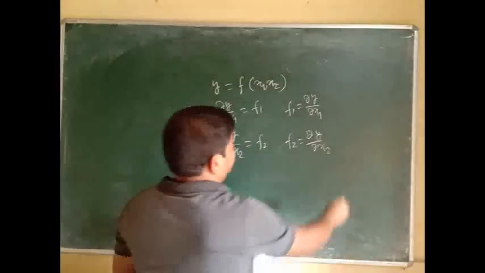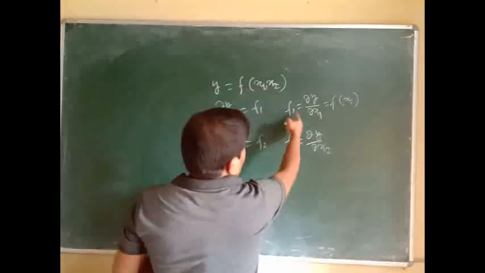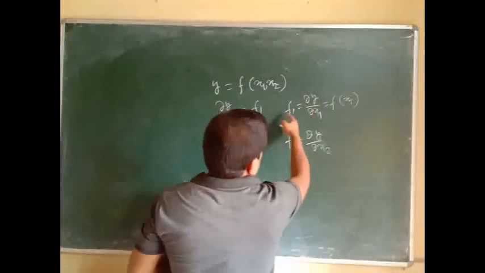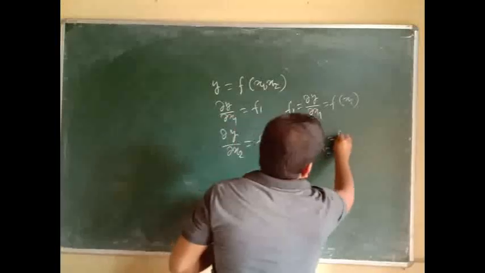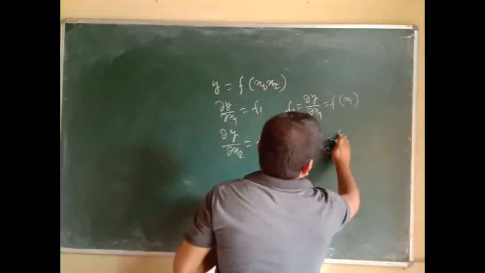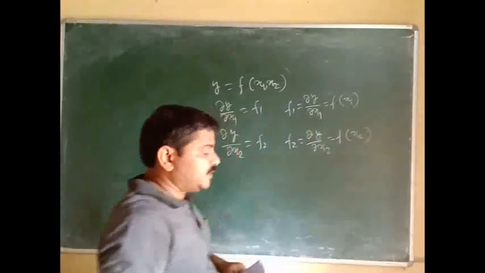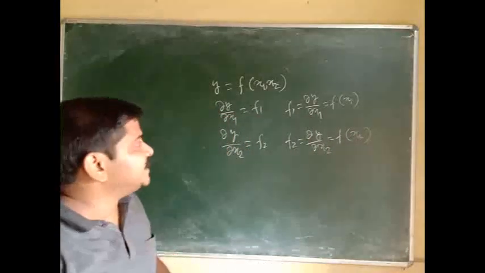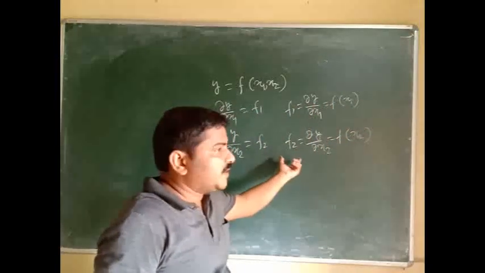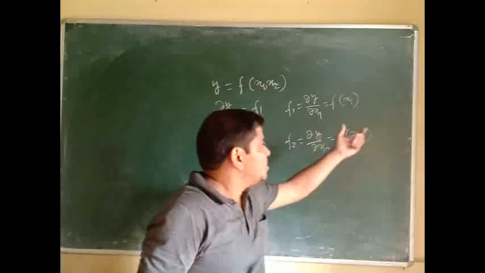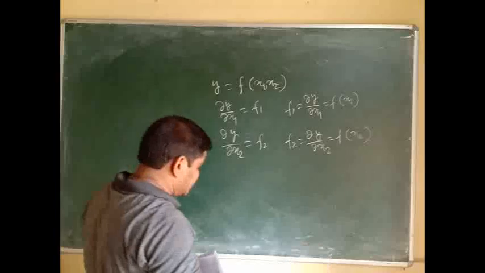So f1 again is a function of x1 and f2 is a function of x2. That means we can get the derivative of f1 with respect to x1 and the derivative of f2 with respect to x2. Then it will be your second order partial derivative.